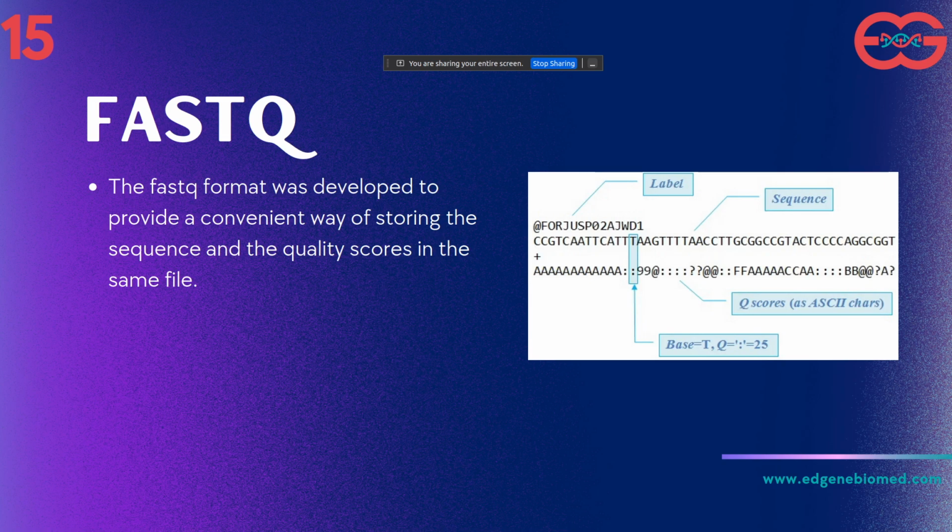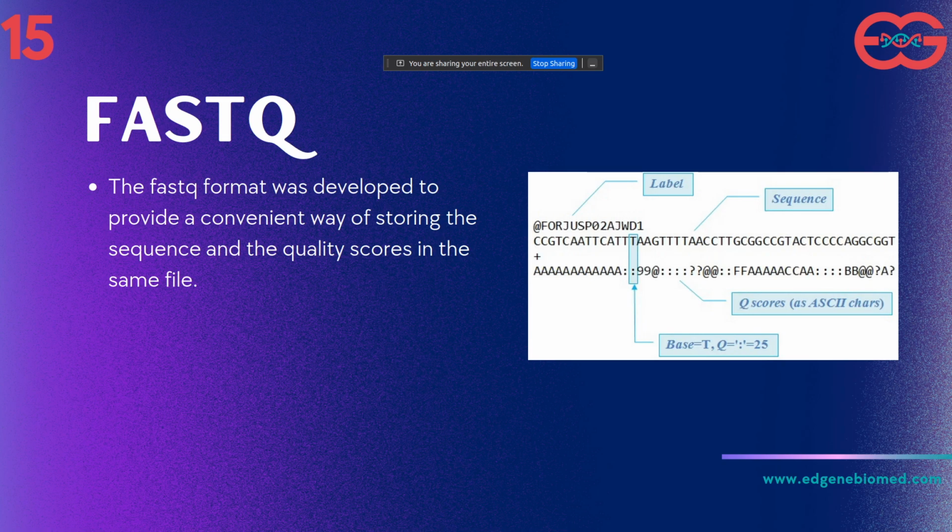To understand how accurate it is, it provides us the quality score in the form of ASCII characters. In computer science, we have a standard way of writing the different characters present on our keyboard. One is Unicode. The one they have used is ASCII.